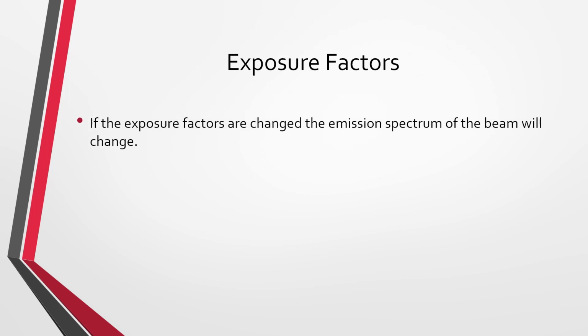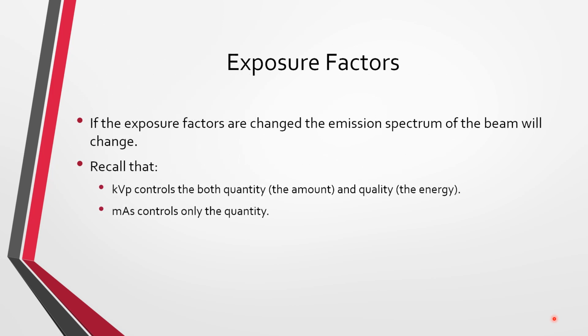Exposure factors. If the exposure factors are changed, the emission spectrum of the beam will change. So we'll go ahead and see from that typical emission spectrum graph how the exposure factors will change. And we know what the exposure factors are, the kVp and mAs.